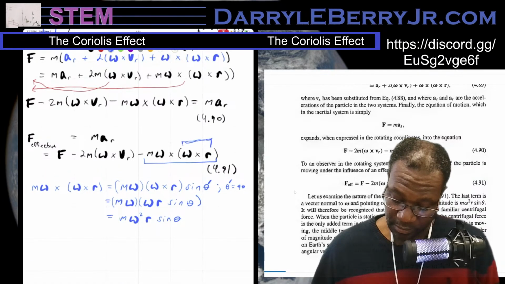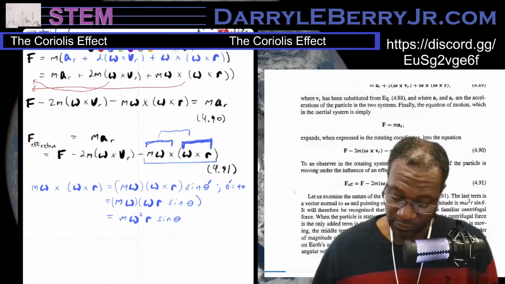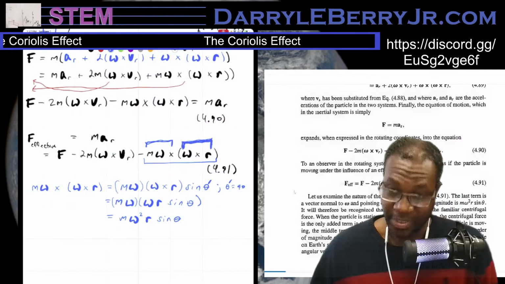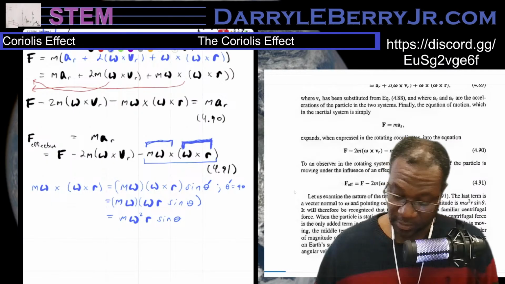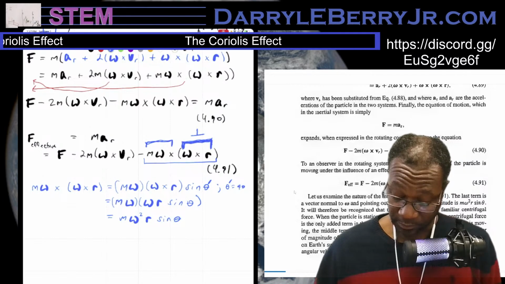So this makes sense. These two are perpendicular to each other because you can get a cross product from them, and this is perpendicular to those two. Since r is perpendicular to omega, then omega has to be perpendicular to whatever that outputs. In other words, these two are at a right angle to each other.